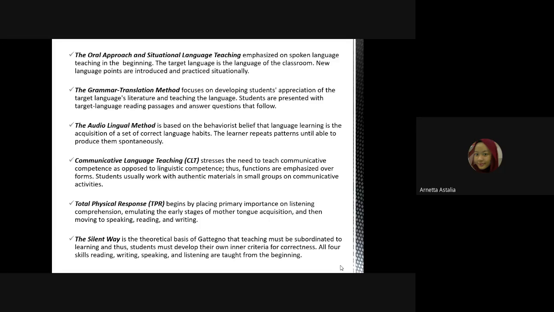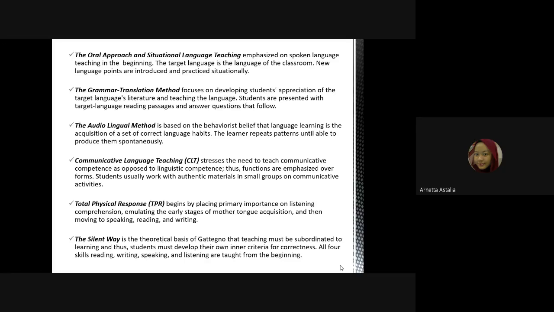The next is total physical response (TPR), which began by placing primary importance on listening comprehension, emulating the early stage of mother tongue acquisition, and then moving to speaking, reading, and writing. The next is the silent way.